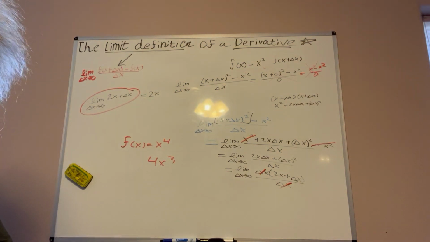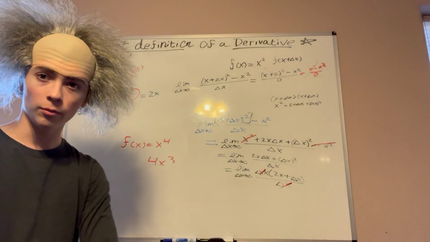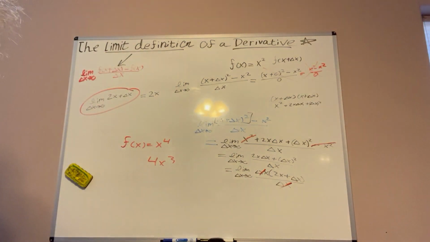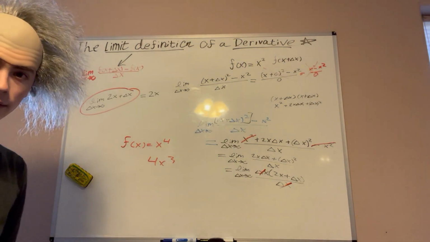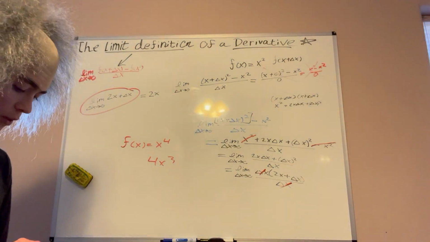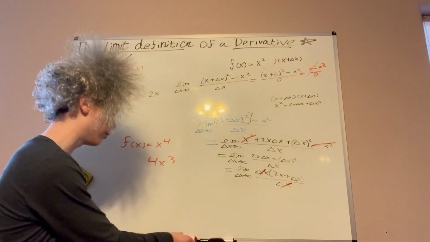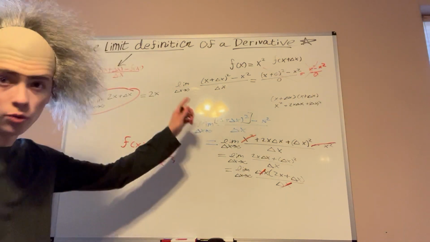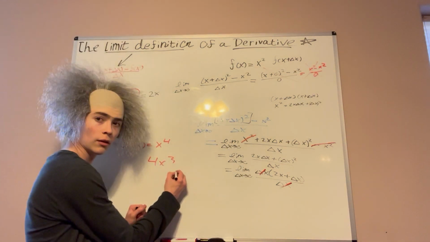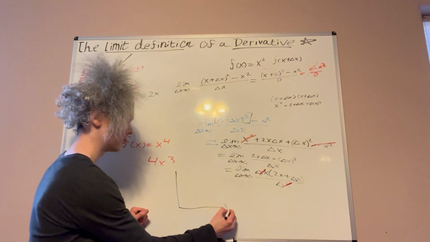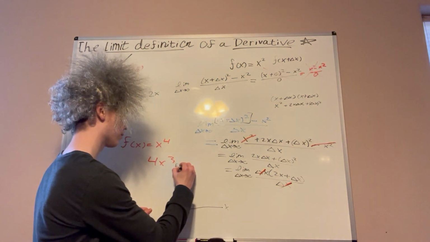All right, let's look at all of this. The limit definition of a derivative. It's a pretty tough concept at first, but it'll get easier, I promise. And as in last video, let's go over kind of what we're doing here, right? Have a graph of x versus f of x.